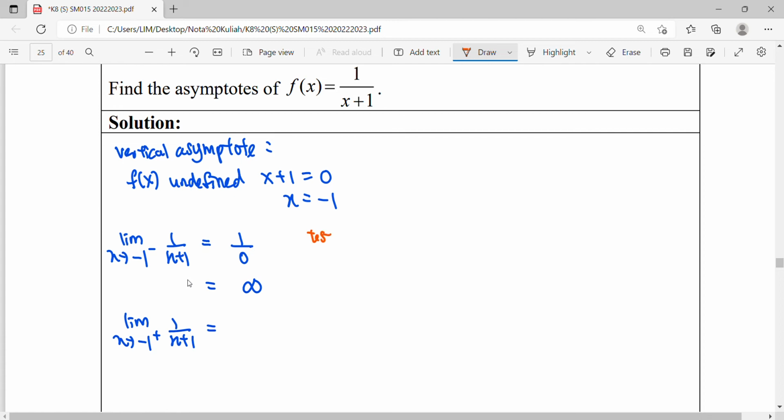You will test -1 from the left hand side, -1.001. So test your value to figure out this 0 is approaching from the left or right, negative or positive. Negatively. Correct? So this will give you the answer negative infinity.